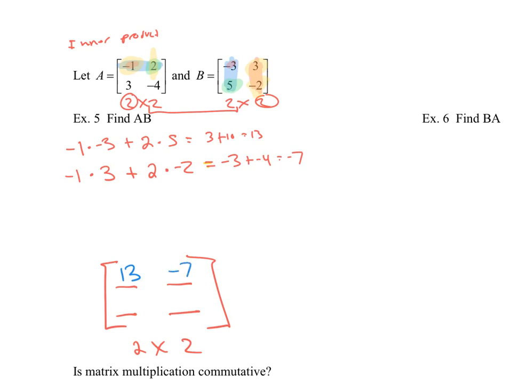Okay, and then we move on to the bottom row of the first. If I want to fill in the bottom left, I need to multiply the bottom times the left. And it's always first times first plus second times second. So we would have 3 times -3 plus -4 times 5.